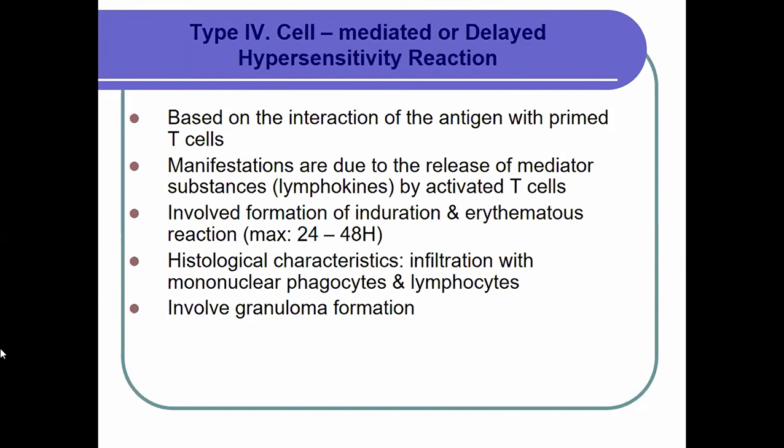This involves formation of induration and erythematous reactions, appearing in 1 to 2 days. Histologically, there would be infiltration with mononuclear phagocytes and lymphocytes, and characteristically, there would be granuloma formation.